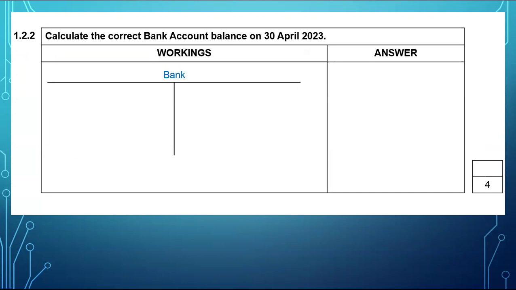Because bank is an asset, the debit means plus, the credit means minus. Because they said the balance was favorable, it will be on the plus side. Note that the bank account is always the same. The receipts will be on the debit side and the payments will be on the credit side.